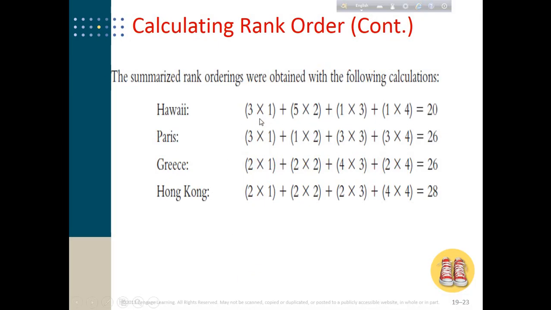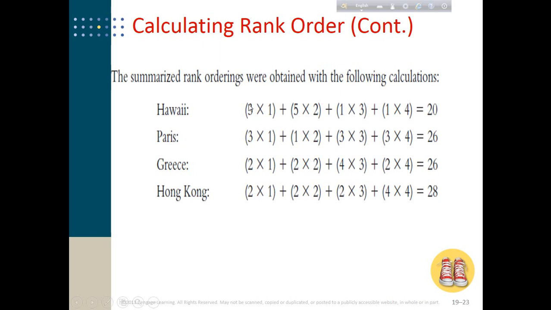Now what's done is, you remember Hawaii got 3 first, so 3 is multiplied by 1, 5 seconds, so 5 is multiplied by 2, 1 third, so 1 is multiplied by 3, and 1 fourth, so 1 is multiplied by 4. So they are multiplied and summed up. So Hawaii got a composite score of 20, Paris 26, Greece 26, and Hong Kong 28.